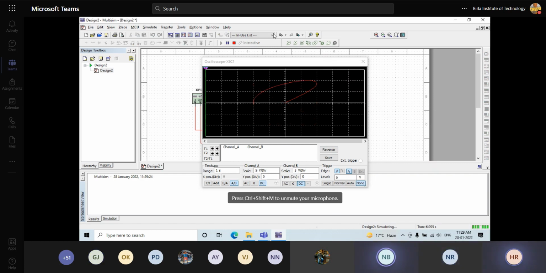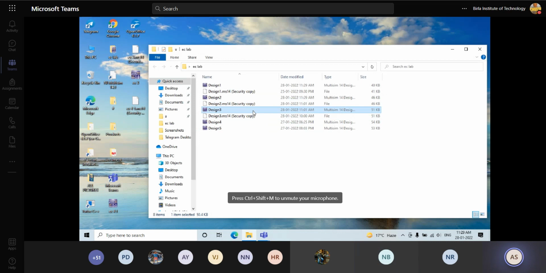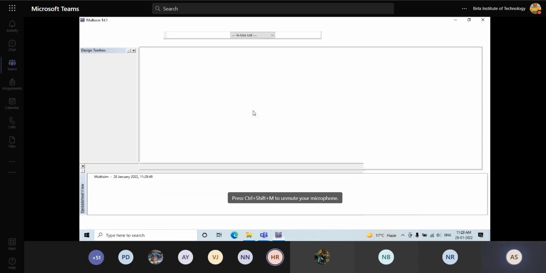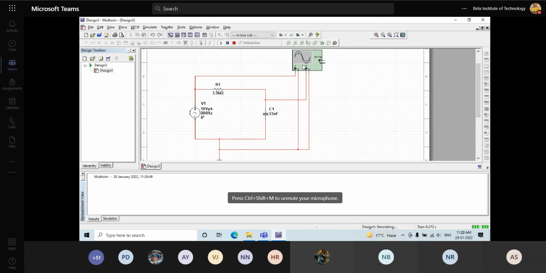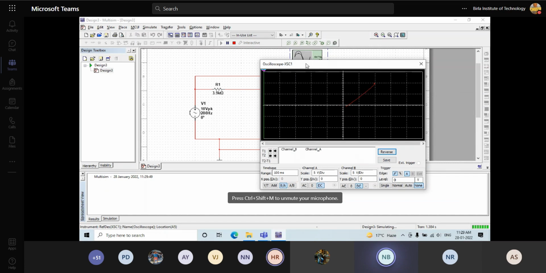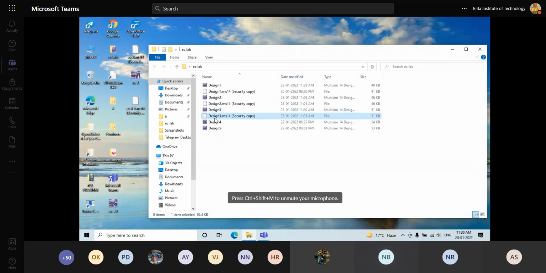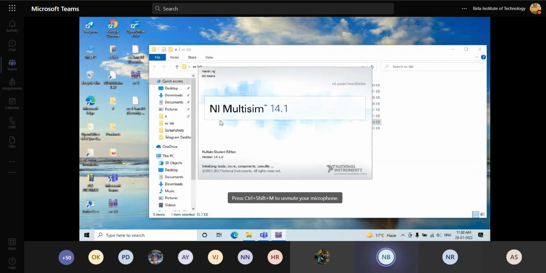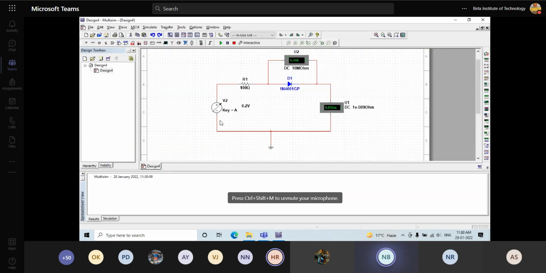Kshitij Singh, sir. This is a 1C. Okay. This is forward bias.